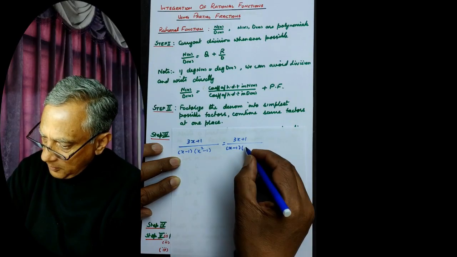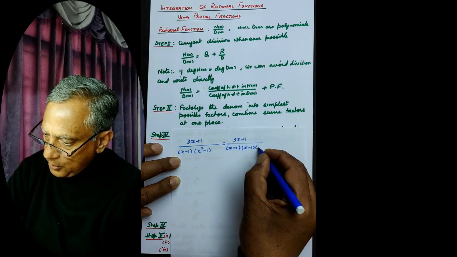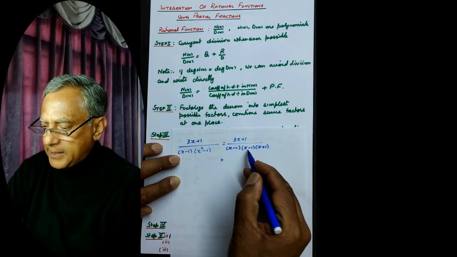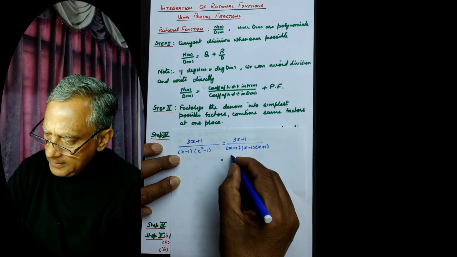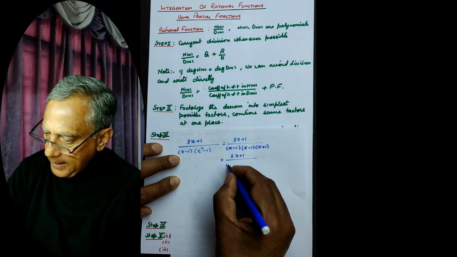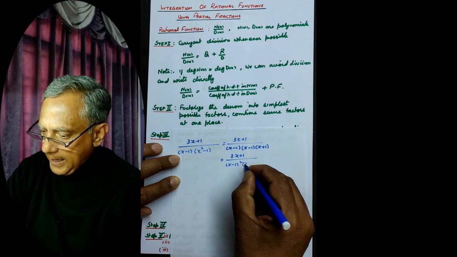The simplest possible factors of this will be (x minus 1) into (x plus 1). Now these two factors are the same, so we will combine them at one place: (3x plus 1) over (x minus 1) whole square into (x plus 1).